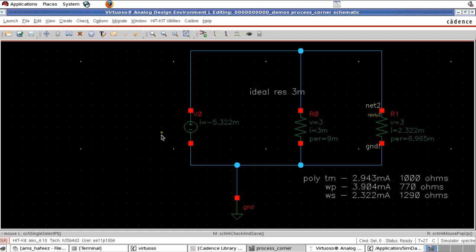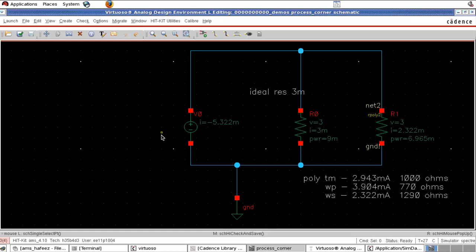So all this variation from 770 ohms to 1290 ohms will happen when you make a resistor of 1 kilo ohm. When you make a resistor of 1 kilo ohm in the schematic, after the process, when you get the IC in your hand, the resistance value could be anywhere between 770 ohms and 1290 ohms. So you can see how much variation is happening.